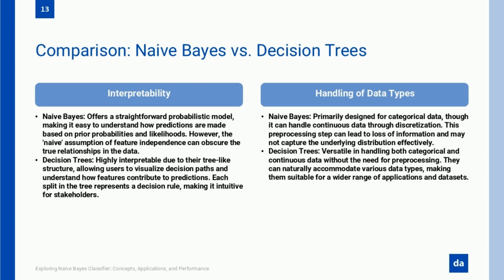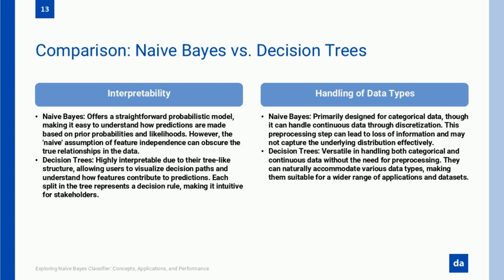One of the key distinctions between the two is how they handle data types. Naive Bayes is particularly effective for categorical data and text classification, where probabilities can be calculated based on feature occurrences. However, it requires additional preprocessing when dealing with continuous data, often assuming a Gaussian distribution to make predictions.